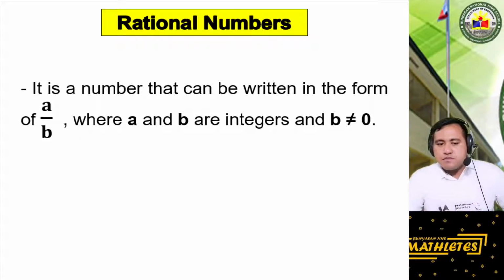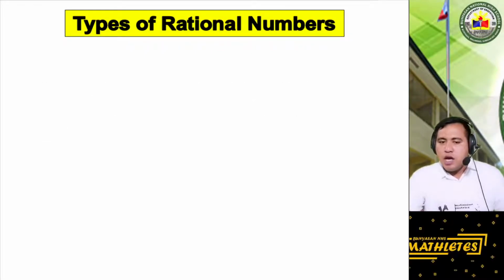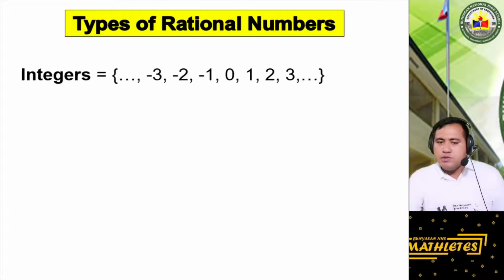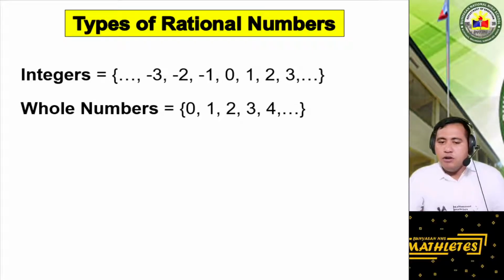Okay? What are the types of rational numbers? The types of rational numbers are integers. When you say integers, those are the positive and negative numbers, including 0, or the whole numbers and their opposites. Second, the whole numbers, the set of numbers from 0 to positive, including 0.